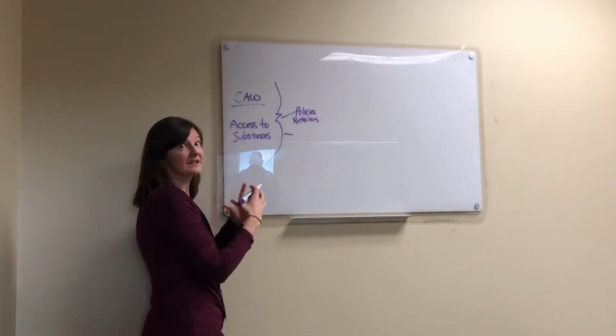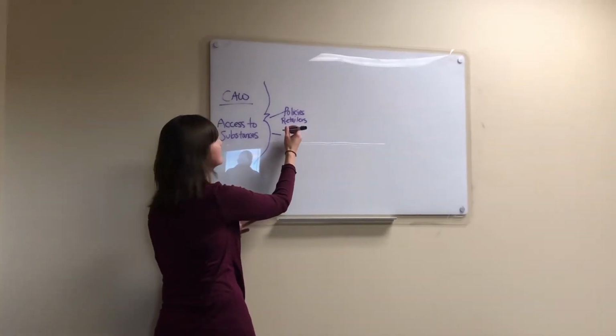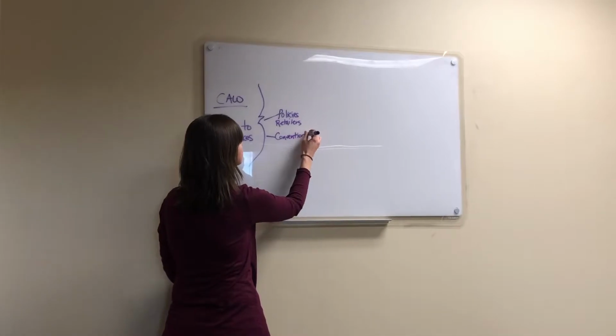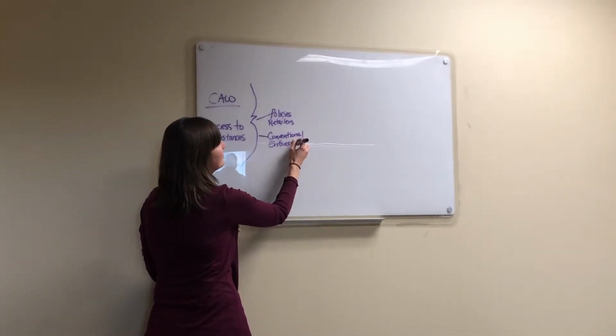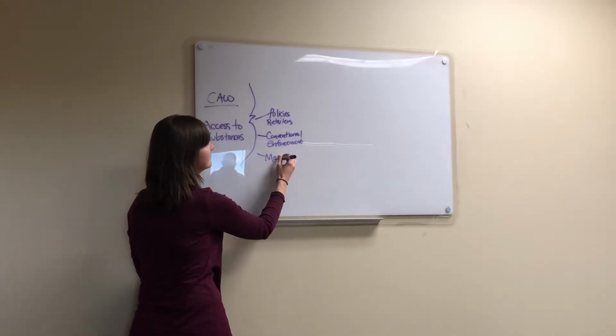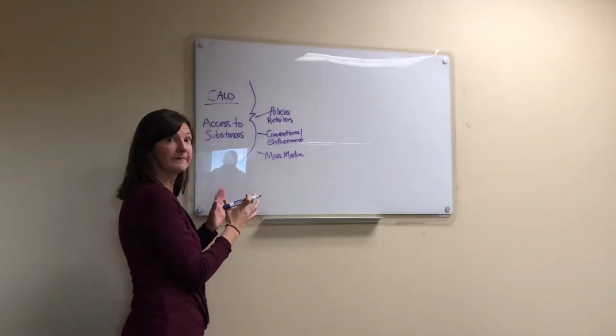One is related to conventional enforcement of existing policies, laws, ordinances, or regulations. So we'll put conventional enforcement here. And one is about utilizing statewide mass media resources to change social norms in your community.